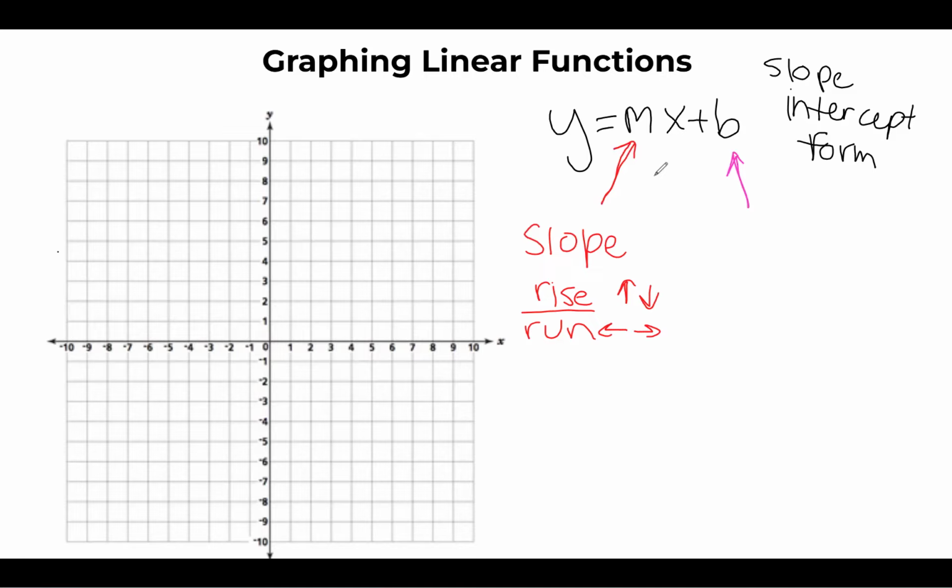Now with that up, down, left or right, that is going to depend on our sign, meaning if it is positive or negative. For our slope, you typically will see it in fraction form. If your top number is positive, that means you will be moving up. If your top number is negative, that means you will be moving down.